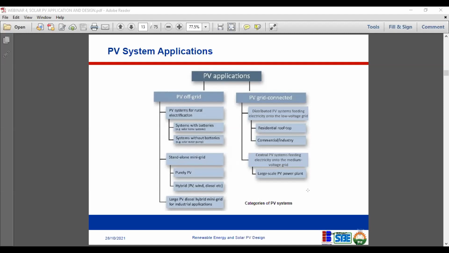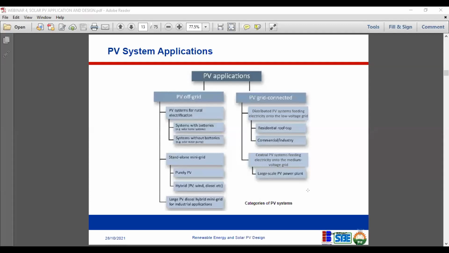Okay. So that means basically PV applications are divided into two broad categories: off-grid and grid-connected. And in the off-grid, there are three subsets: the PV systems for rural electrification, which also have two subsets, those with batteries and those without batteries. Then we have the standalone mini grid, and then we have the large PV hybrid mini grid.